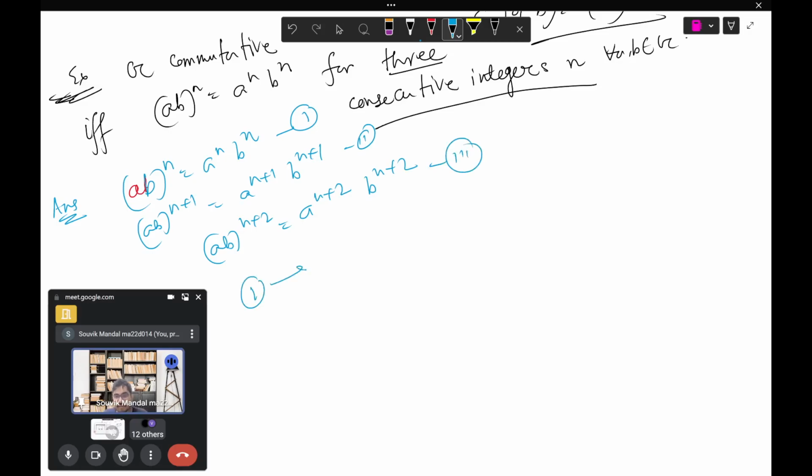Now equation 2 gives (ab)^n · ab = a^(n+1) b^(n+1), right?